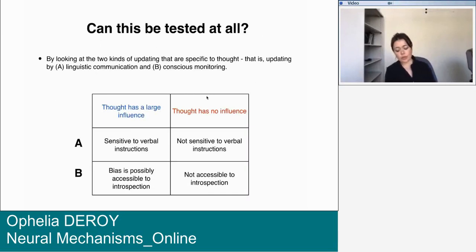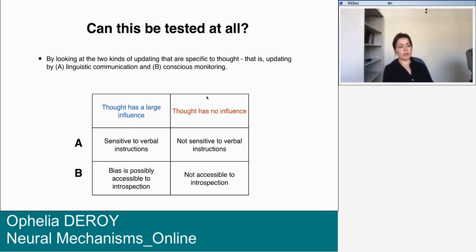So that's actually what we try to do with this very specific effect, looking at basically our two hypotheses regarding the nature of thought. That is the fact that it is characterized by two specific kinds of updating, not exhaustively, but characteristically. The one being that it's updated by linguistic communication, as I said, and the second, it can be accessible to conscious monitoring.